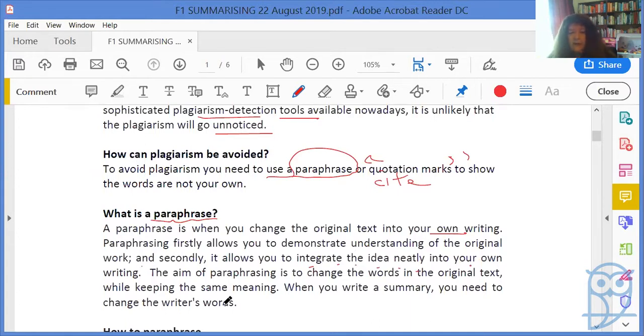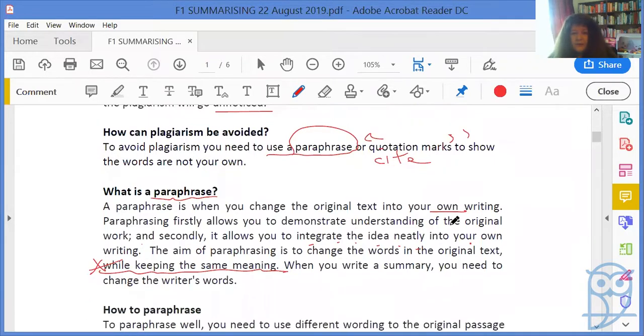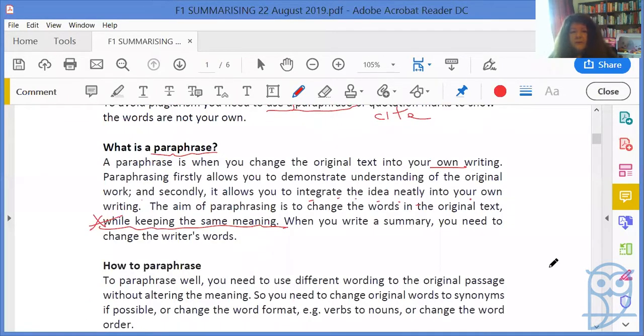The aim of paraphrasing is to change the words in the original text while keeping the same meaning. That's the most important thing to remember. You might use your own words, but if it doesn't mean the same, you're still going to get it wrong. So when you write a summary, you need to change the writer's words.